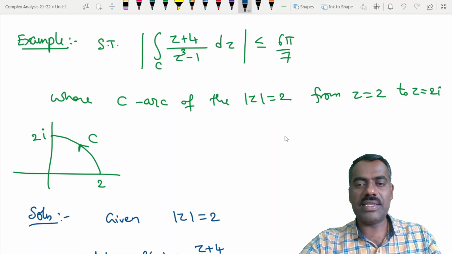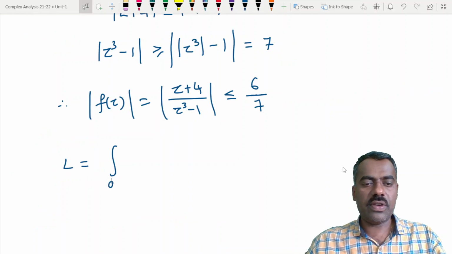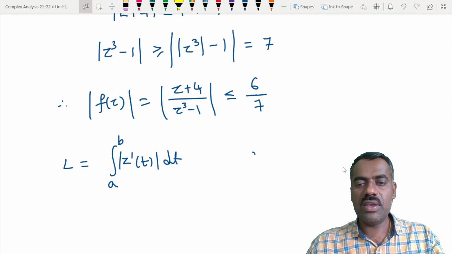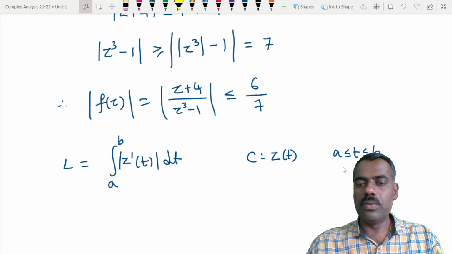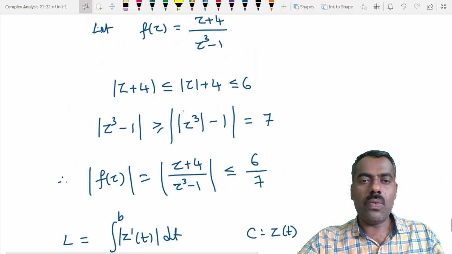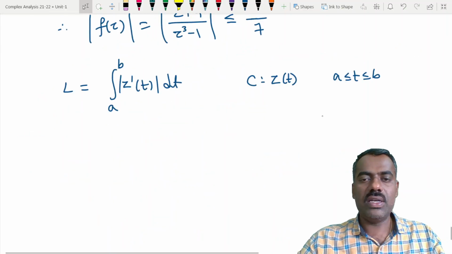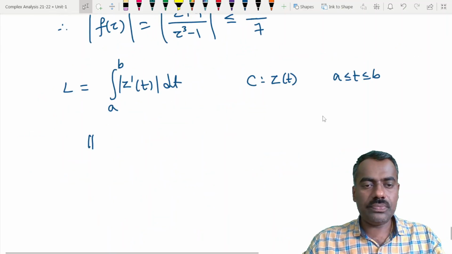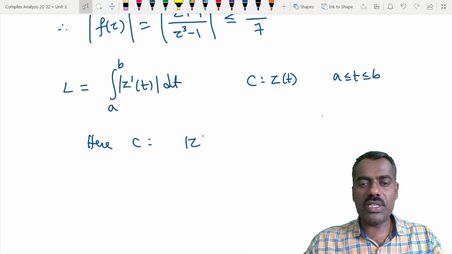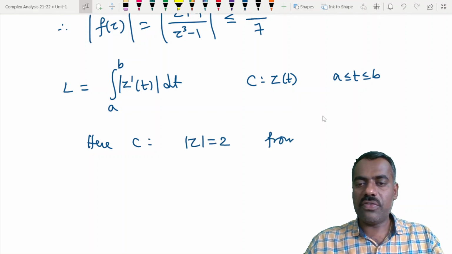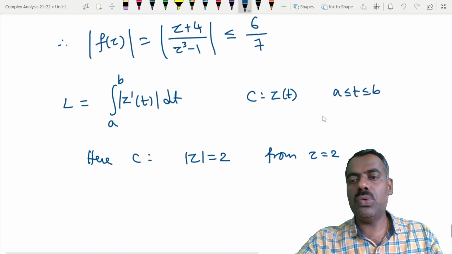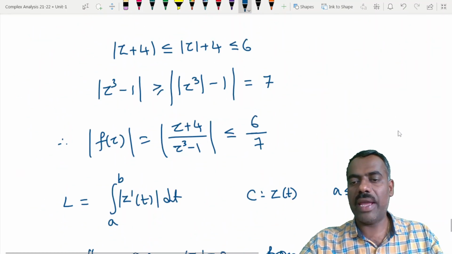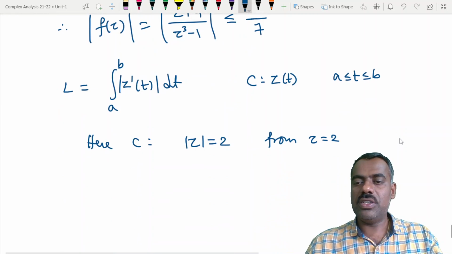This is the integral from a to b of the absolute value of z dash of t dt, where C is z of t and t is from a to b. Now what is our given C? Our given C is the part of the circle mod z equal to 2, starting from z equal to 2 to z equal to 2i. So we want to convert this into parameterization.